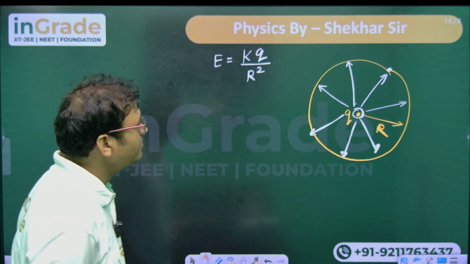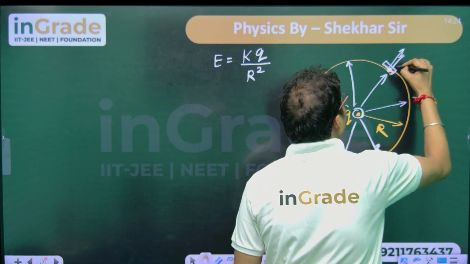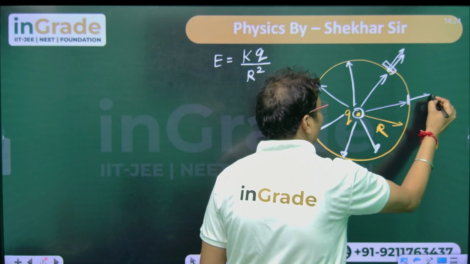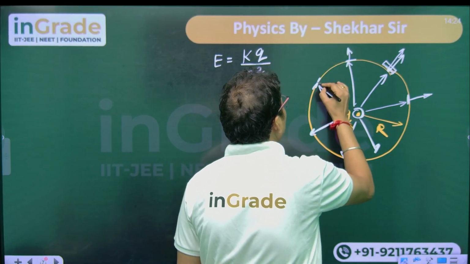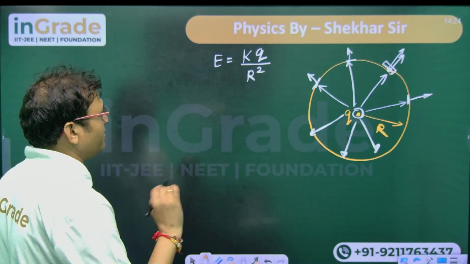KQ by R square. And here, if you see, the electric field and area are parallel to each other. At this location also, the area vector will be radially outward, and the electric field is radially outward. Electric field and area vector are parallel to each other at all the points of the sphere.